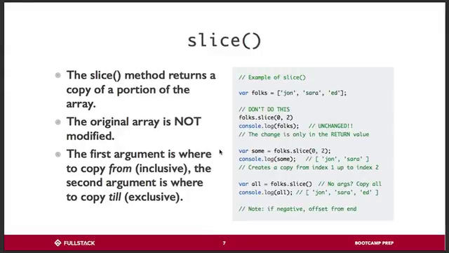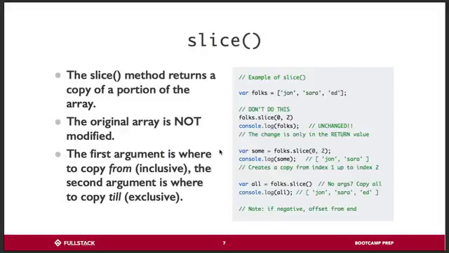So slice, you guys seem to be aware of. It makes a copy based on indexes. And like we were going into detail last week, the second index you give it, it goes up to that index, but not that index itself. So you see var sum equals folks.slice(0, 2). That's not getting Ed.